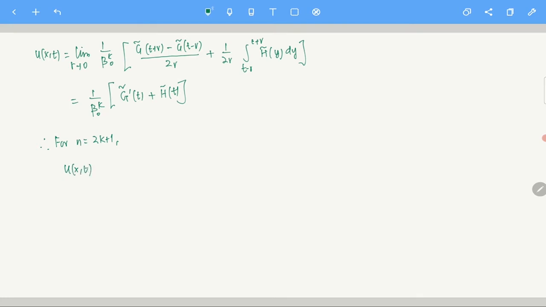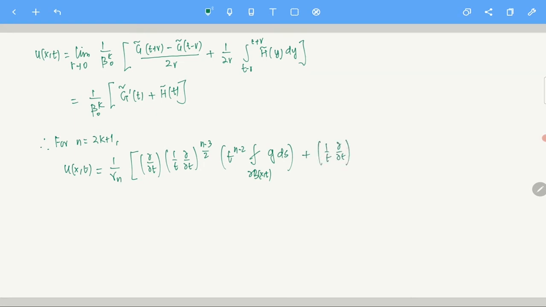So let me write it down. This is del t of 1 by t del t, n minus 3 by 2, t to the power n minus 2, the average of del b x t g ds, plus 1 by t del t, n minus 3 by 2, t to the power n minus 2, integral over del b x t h ds.